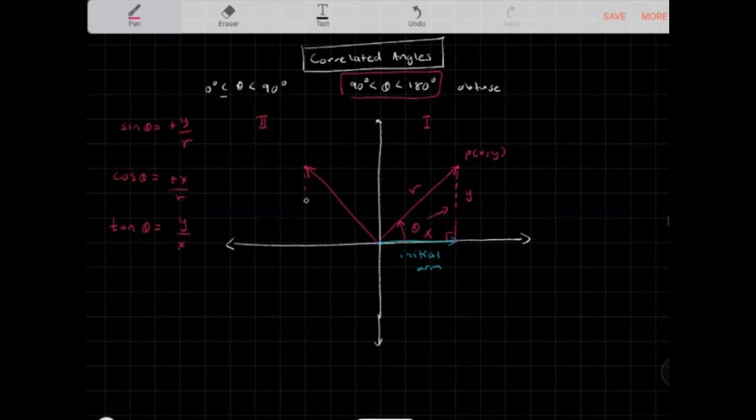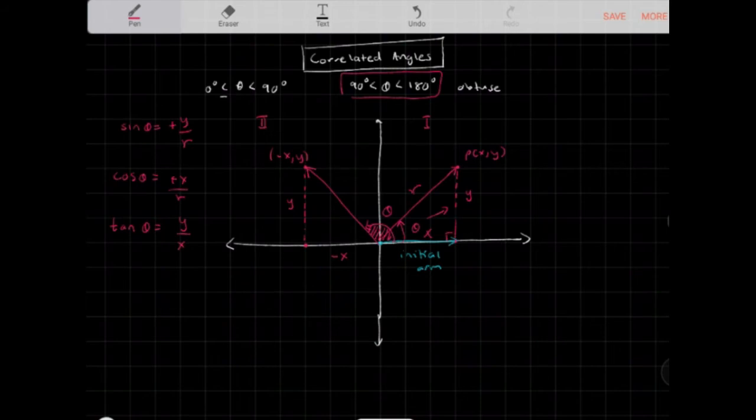So now we're going to have the point negative x and positive y. This is negative x because it's in the negative portion of the x coordinate, and we have positive y. And in this case, the angle would have a rotation that coincides with this value, theta. Now this is an obtuse angle.